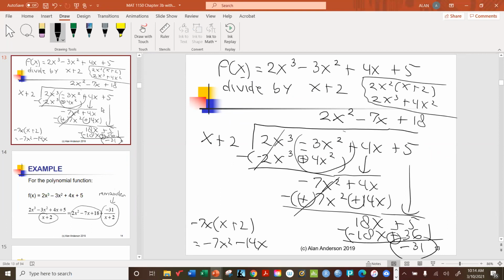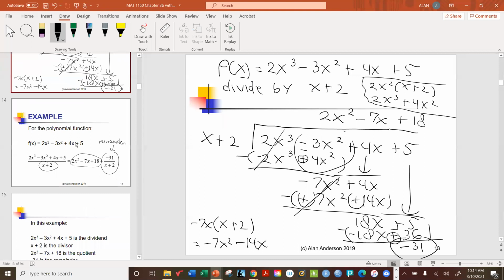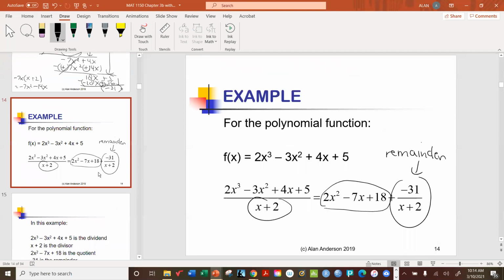It's the same idea, except that these are now polynomials. As far as the notation goes, let's go back to the dividend.